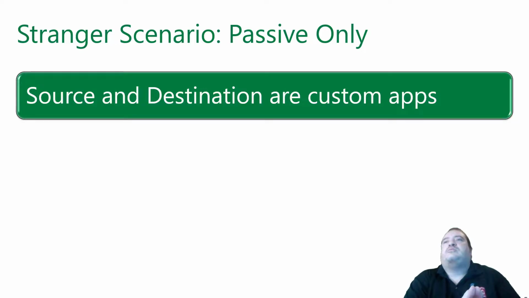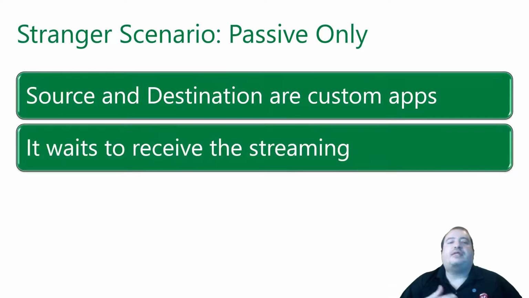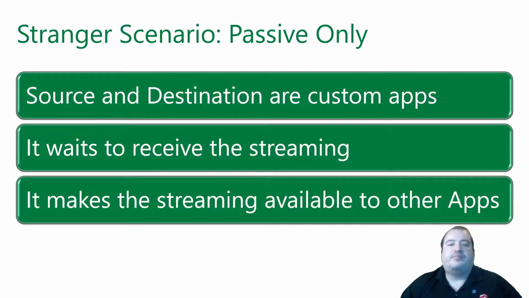We would still need, for example, Stream Analytics or some similar app to get the data from EventStream and continue processing this data. It makes the streaming available to other apps, but waits for other apps to get the streaming from the EventStream.